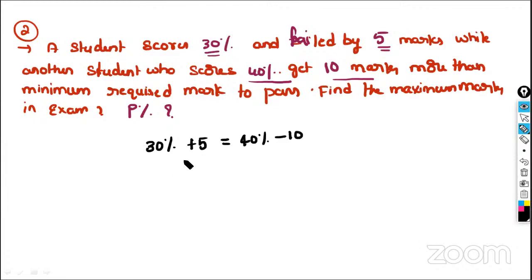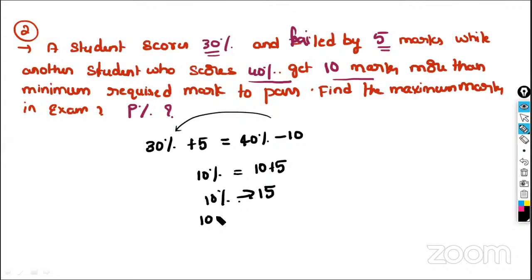Percentages on one side: 40 minus 30, 10%. So minus 10 will become plus 10. 10 plus 5, 15. So 10% is 50 marks. Then 100%, that means 150 marks. Is everything clear?